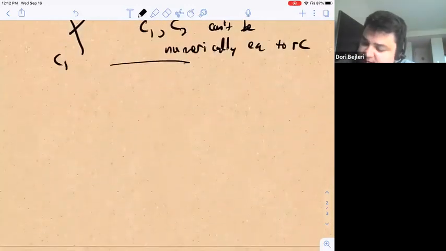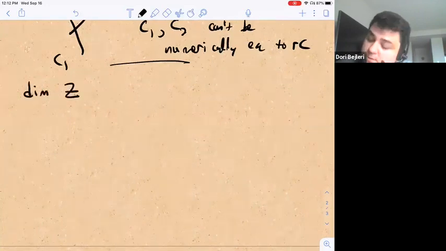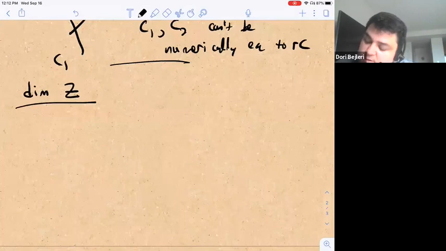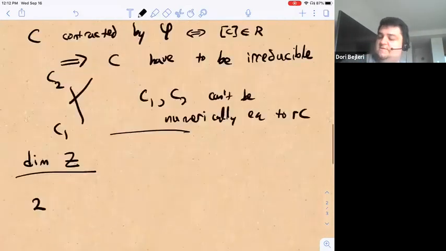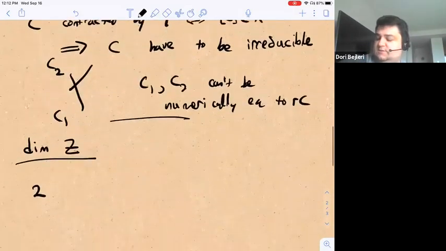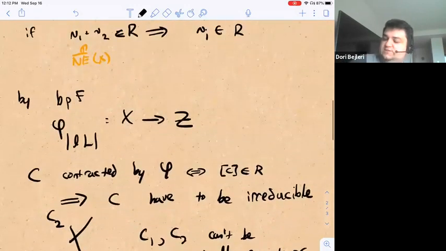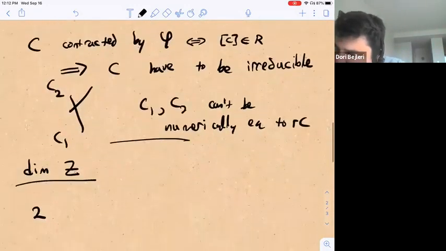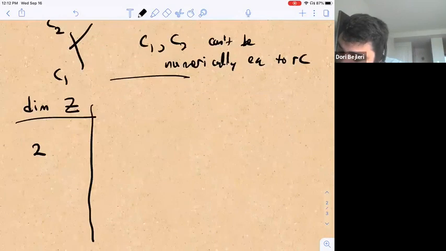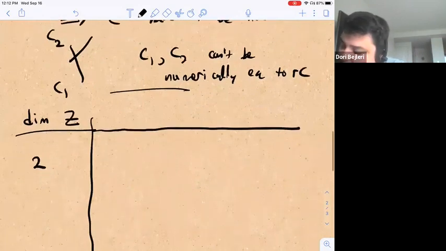But now we have some cases depending on the dimension of Z, where a contraction lands. So if the target of this linear series is a surface, so if Z is two-dimensional, then what do we know?